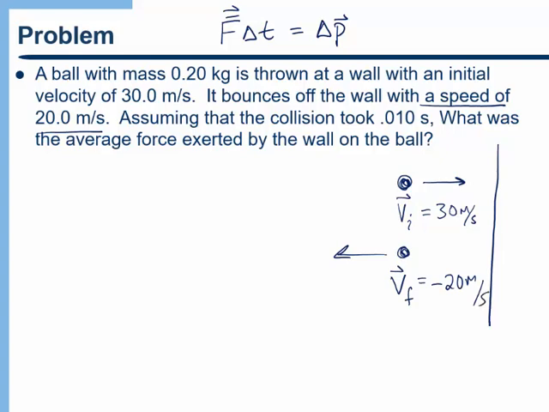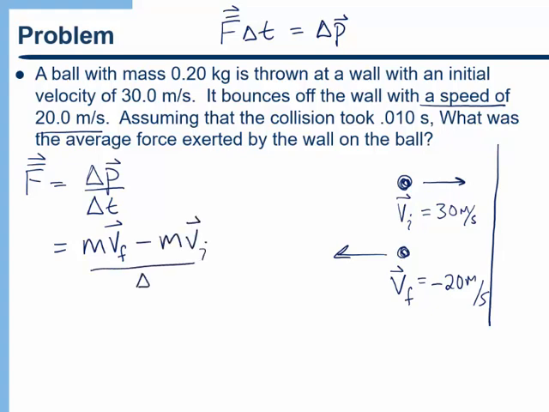Okay, so now we just need to solve it. So the average force is equal to the change in momentum divided by delta t. And delta p is just the final momentum minus the initial momentum, divided by delta t.